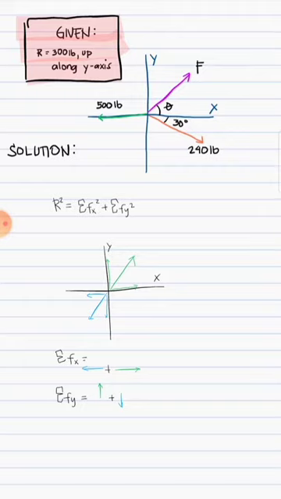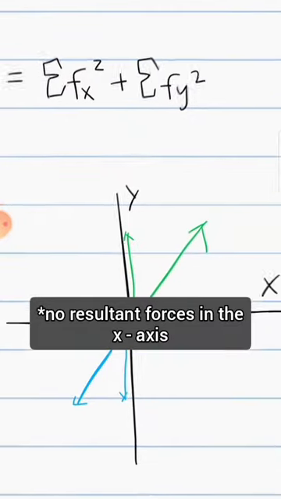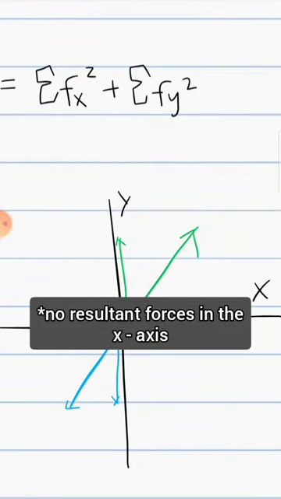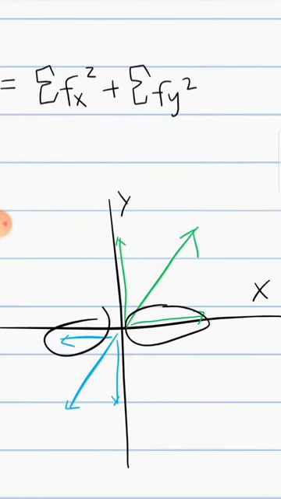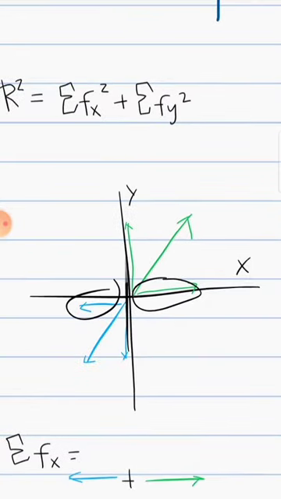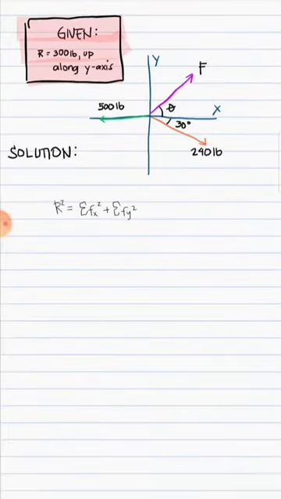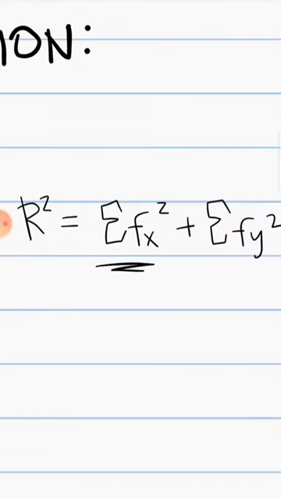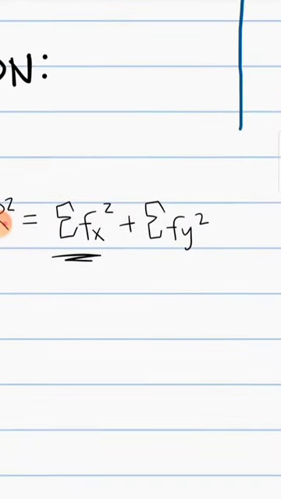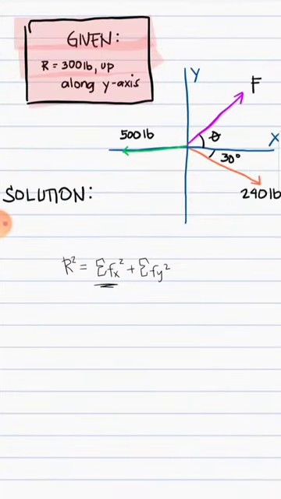It simply means that if the direction of the resultant is only on the y-axis, it has no x component. So these components here must be equal to 0 to have a resultant only in the y. If the resultant is 300 pounds up along the y-axis, then the summation of Fx is 0.